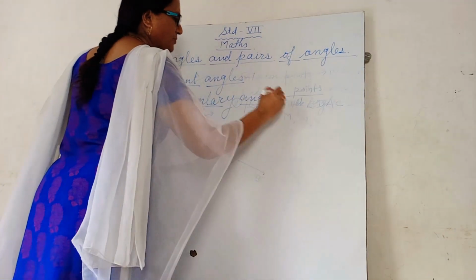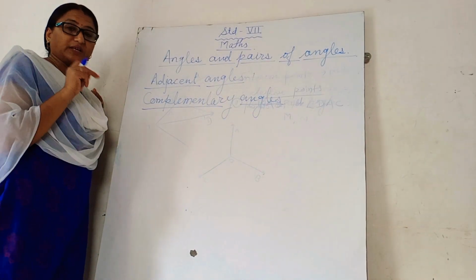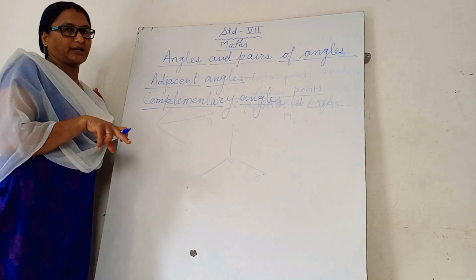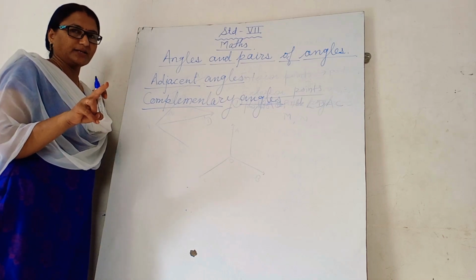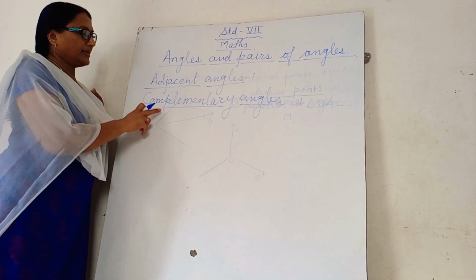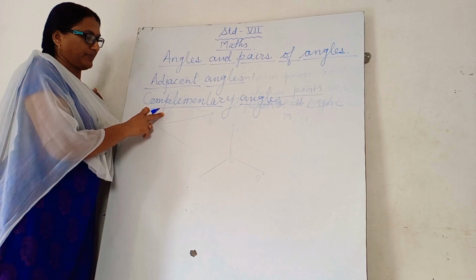What are called complementary angles? If the sum of the measures of two angles is 90 degrees, then they are said to be complementary angles of each other.